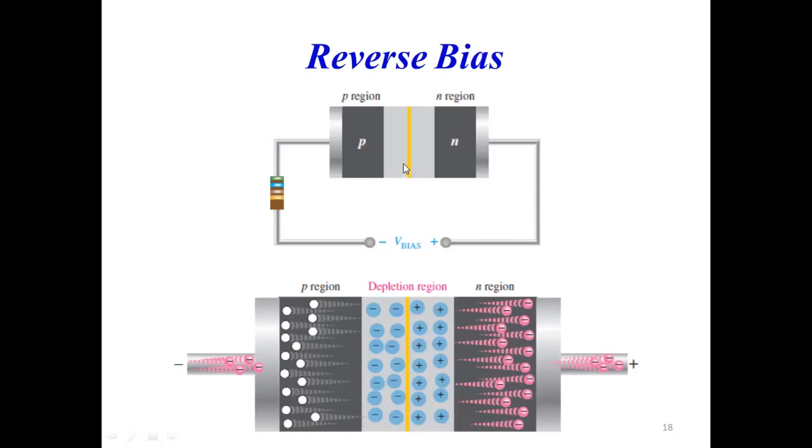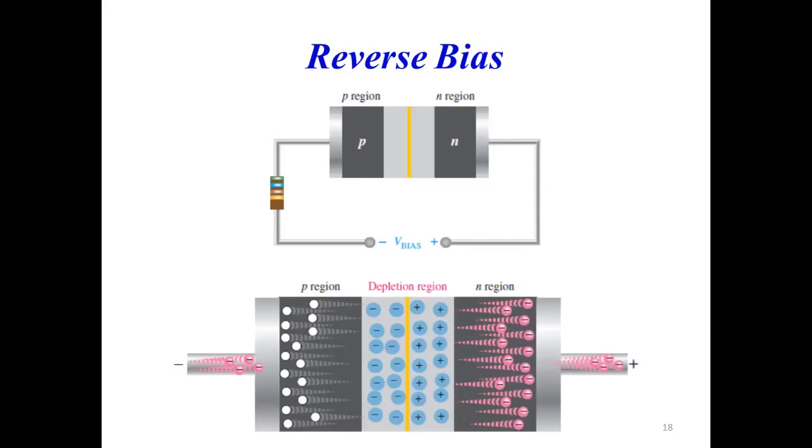Obviously, it will increase the width of the depletion region. So the same thing is shown here in this particular diagram. Just see here, the width of the depletion region is increased because most of the holes are attracted towards this negative voltage, and the electrons are attracted towards the positive voltage.